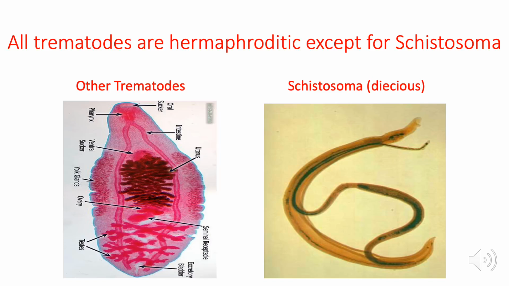Another exemption is that all parasitic trematodes are hermaphrodites except for Schistosoma. Take a look at the picture of a typical trematode. Take a look at the structures labeled as ovary and testis. This worm is hermaphrodite because it contains both the male and the female reproductive organs. Schistosoma species have separate sexes; they are described as dioecious, meaning you have a male and a female worm.